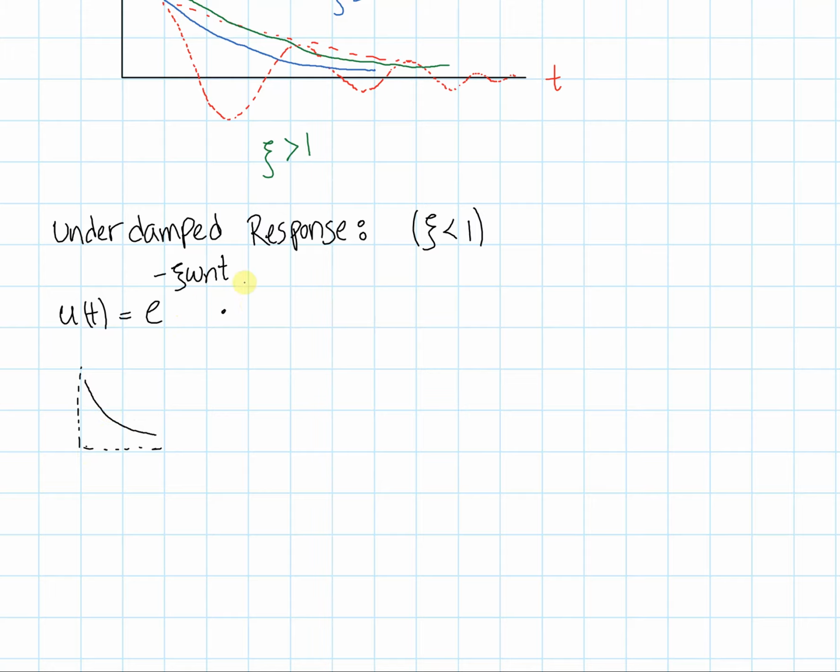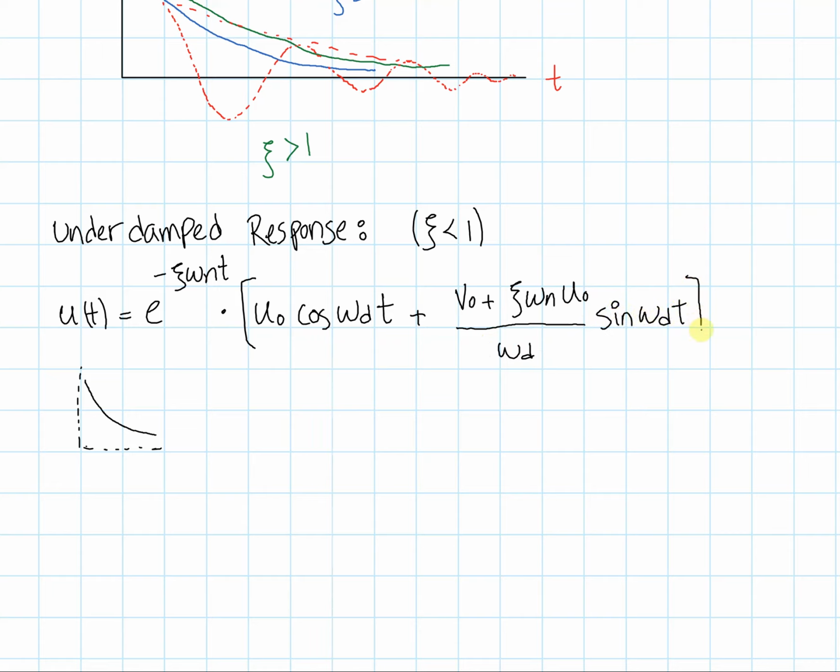So we have brackets open, u naught cosine omega d t. I'll explain in a second what omega d means. Plus v naught plus zeta omega n u naught, we're going to divide this by omega d, sine omega d t. And we close the brackets.